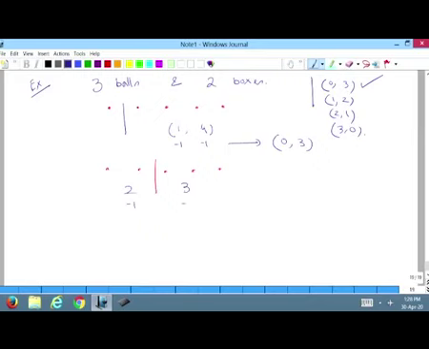If I subtract 1 from each, we get 1, 2. Since we can choose the partition in 4 ways, there are 4 different arrangements for the balls.